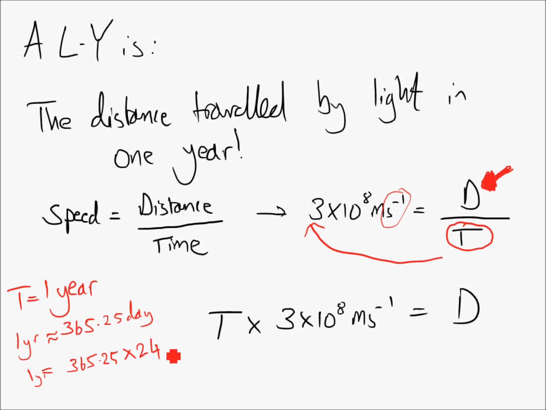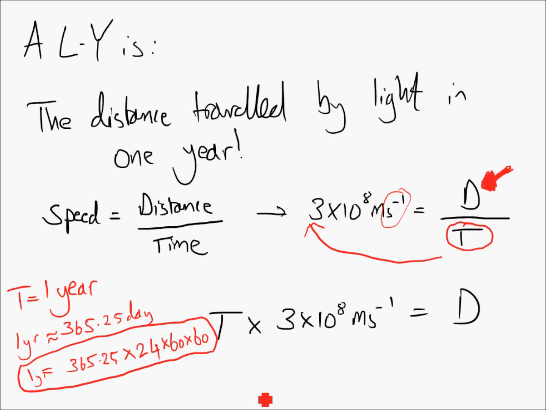In an hour I've got 60 minutes, and in each minute there are 60 seconds. So this is how I can work out how many seconds there are in a year.